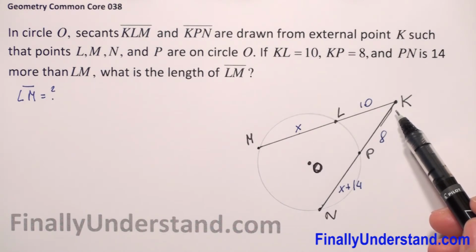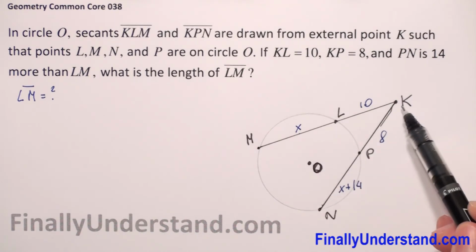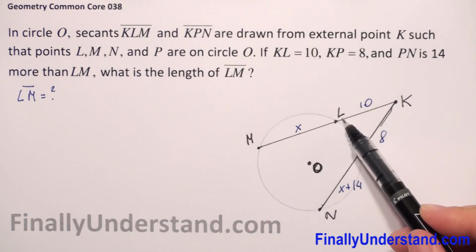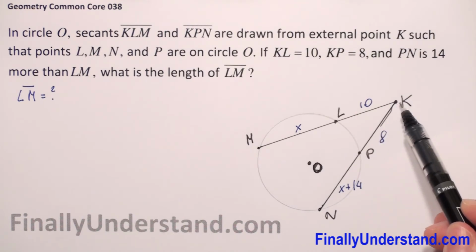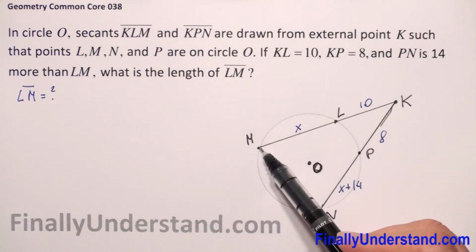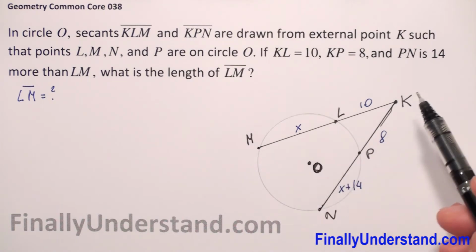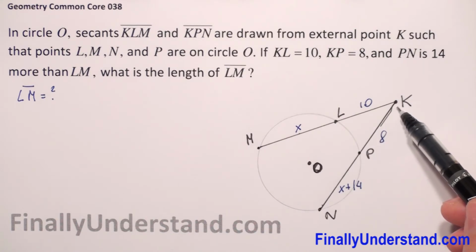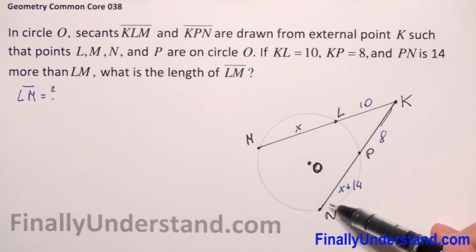In our example, we have KL external segment times KM secant segment is equal to KP external segment times KN, the second secant segment.